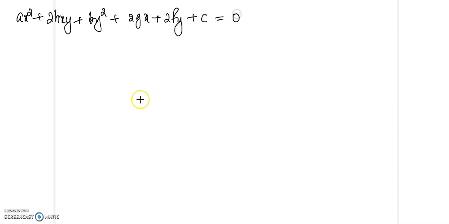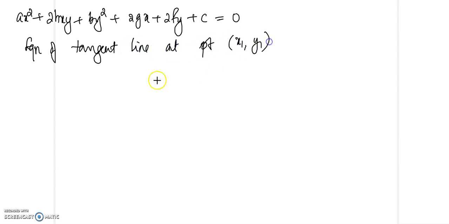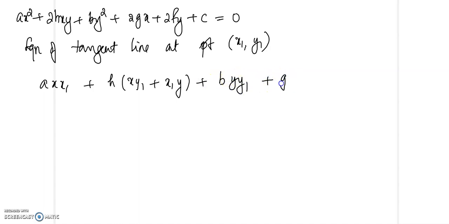If you have the equation ax square plus 2hxy plus by square plus 2gx plus 2fy plus c equal to 0, which represents a conic, then the equation of the tangent line at point x1, y1 is given by replacing x square by x x1, 2xy by x y1 plus x1 y, y square by y y1, then g into x plus x1, plus f into y plus y1, plus c equal to 0.